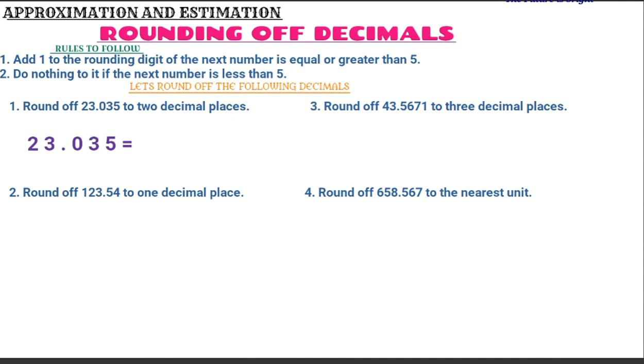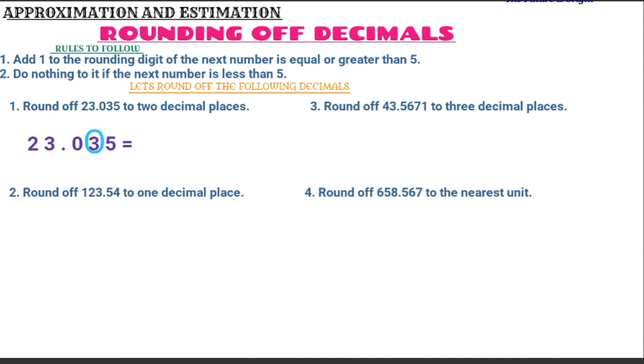Once I've done that, I'm going to identify the number which occupies the second decimal place. That will be my rounding digit. In this number, the number that occupies the second decimal place is 3. So 3 will be my rounding digit.